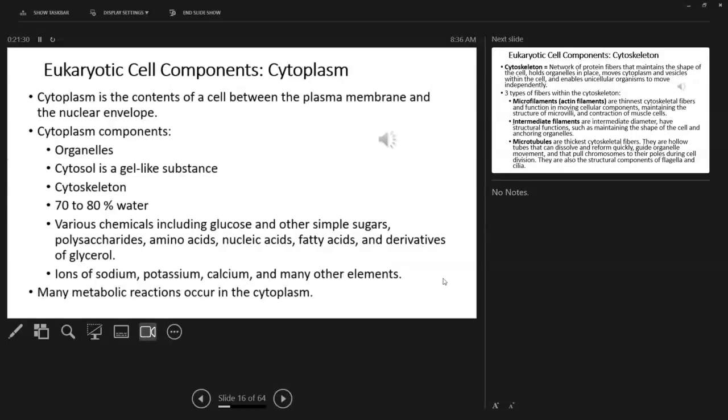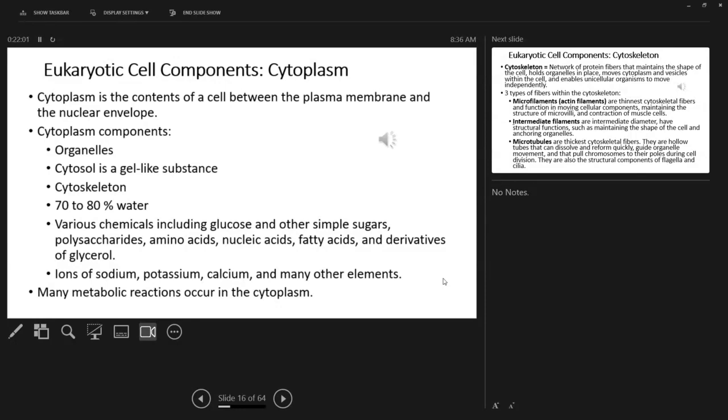It's mostly water in the cell, and always a lot of molecules in the cytosol, sugars for energy, and cells are always making molecules, proteins and carbohydrates and lipids. So there's all this stuff, polysaccharides, amino acids, raw materials for making molecules.